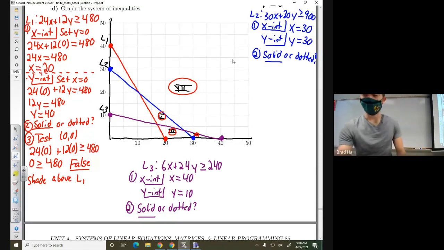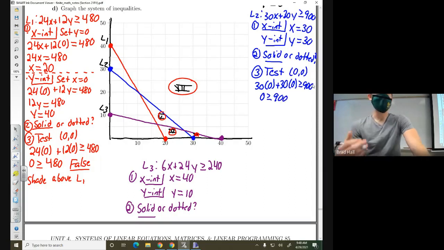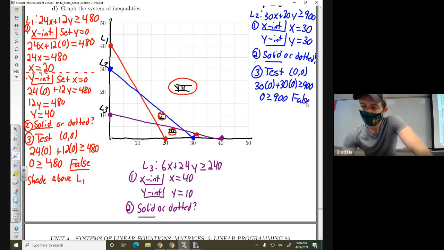Let's do the same thing for the second line, the blue line, where we will again test 0, 0. Again, we are plugging in 0 for x, 0 for y. And we get a false statement, which means we will shade above the blue line, or the second line.